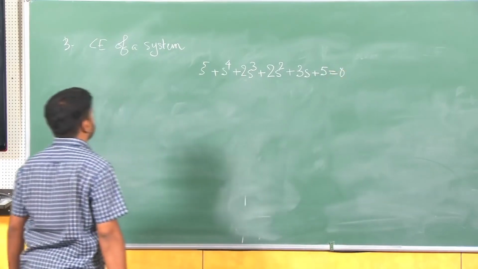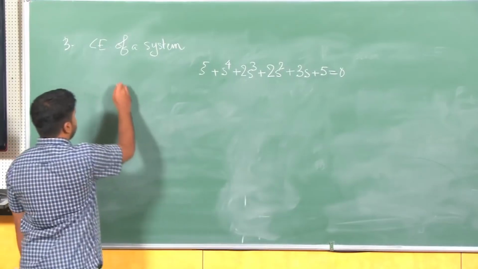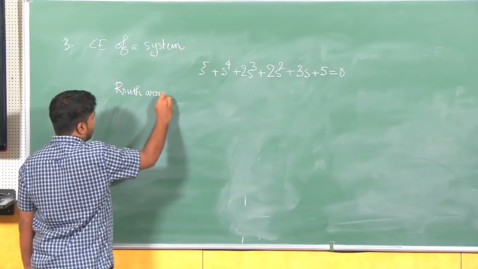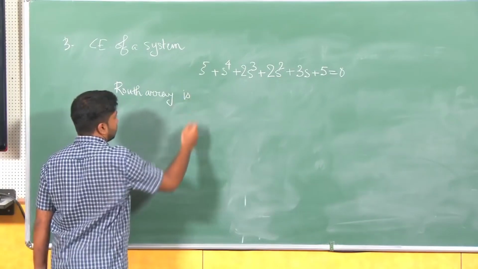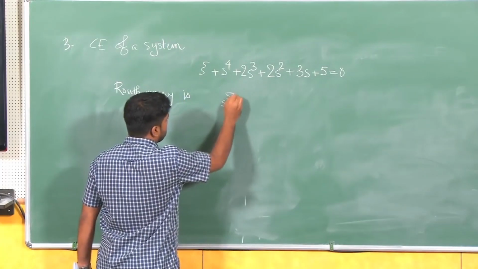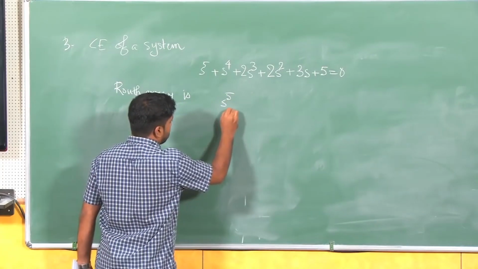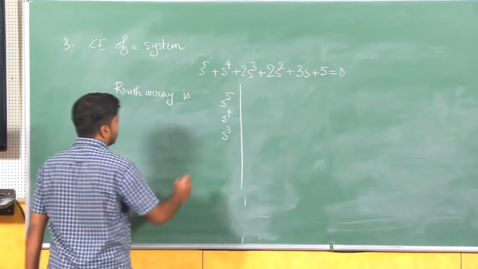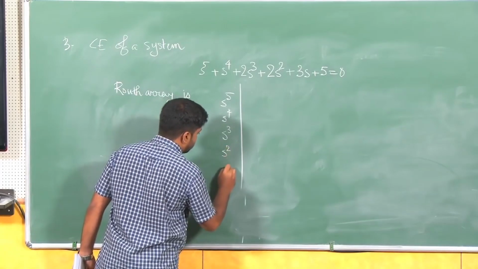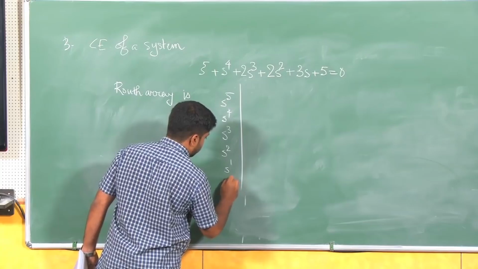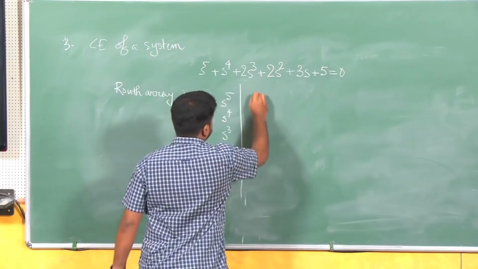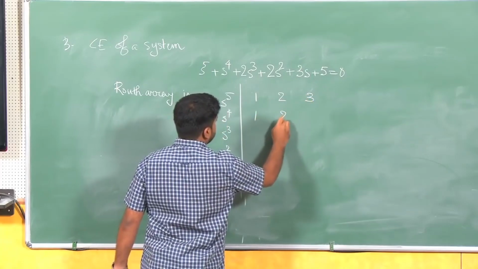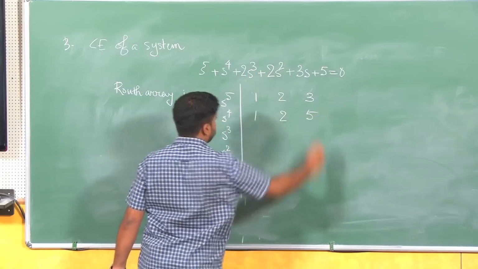Now the Routh array is: first will be 1, then 2, then 3, here will be 1, 2 and 5.